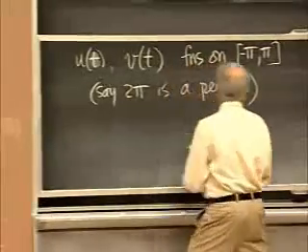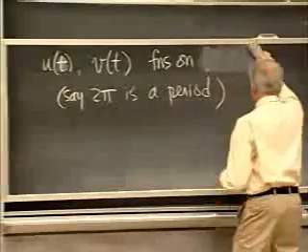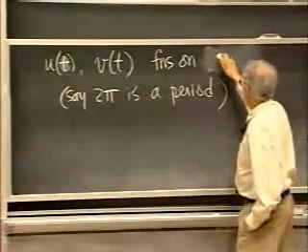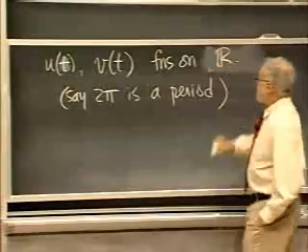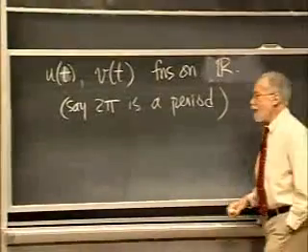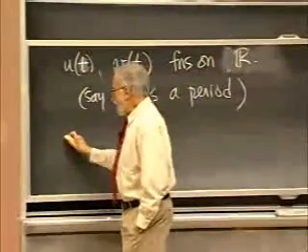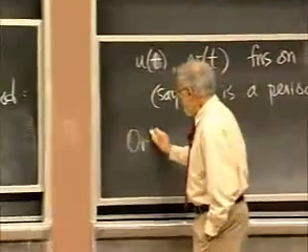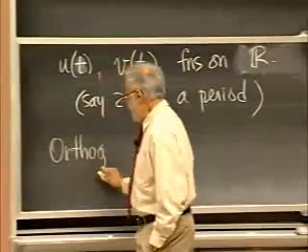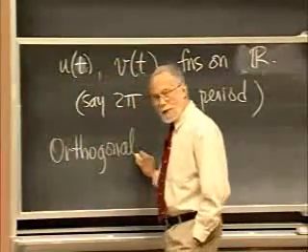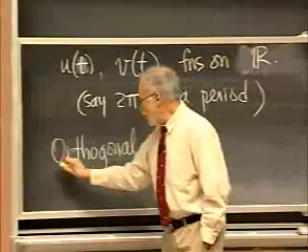Well, I want them really on the whole real axis, defined for all real numbers. Then I say that they're orthogonal, perpendicular, but nobody says perpendicular. Orthogonal is the word.